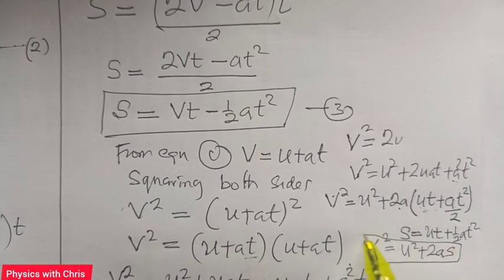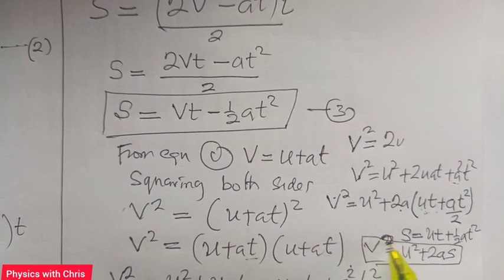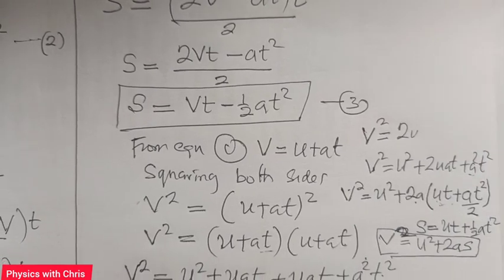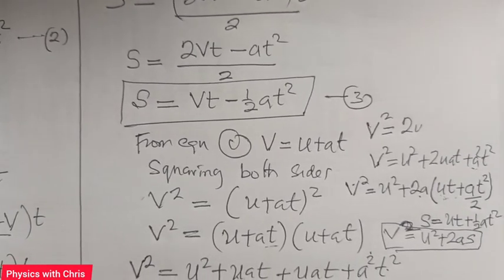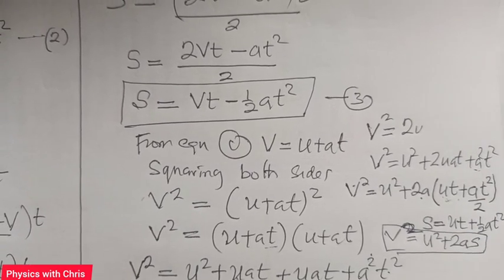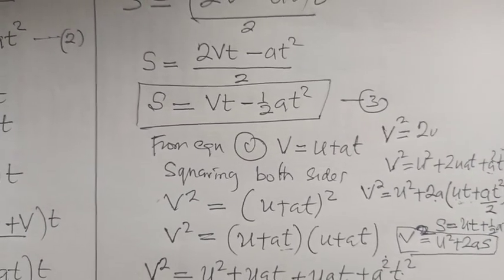So we've gone through the equations of motion. v squared equals u squared plus 2as. Next video we shall attempt to solve a number of questions from these four equations of motion.